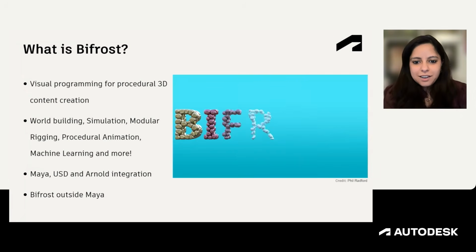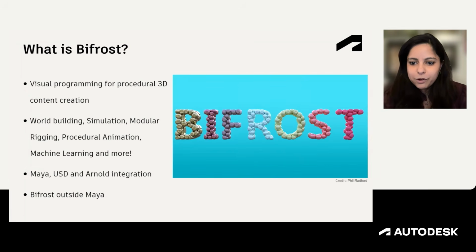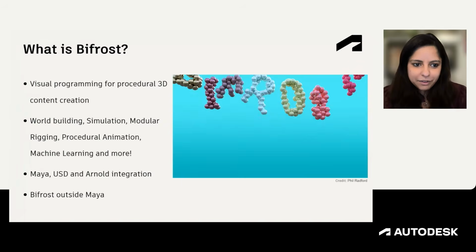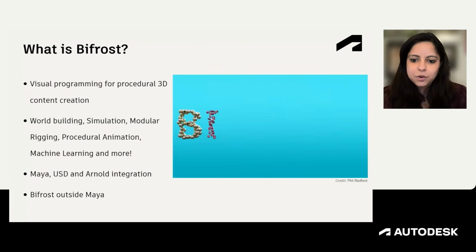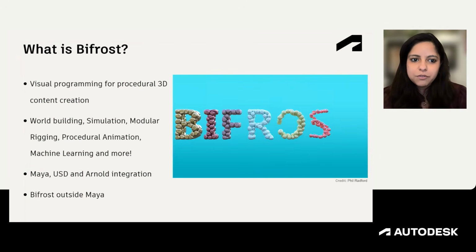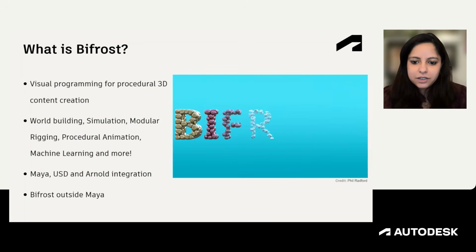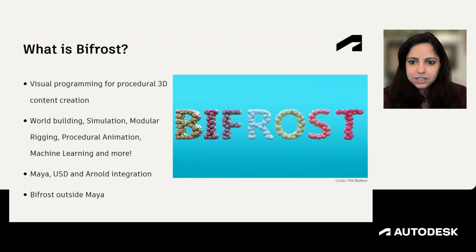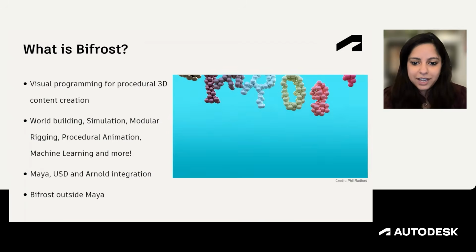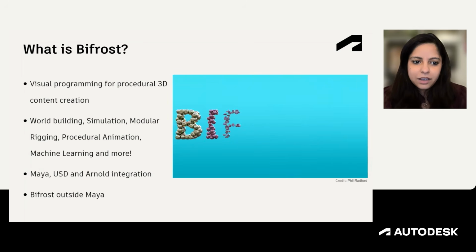So before we do dive into EA's presentation and look at their workflow, let's quickly look at what Bifrost is. Bifrost is a node-based visual programming tool for procedural 3D content creation, and this tool is available inside of Maya. With Bifrost, you can create environments, you can do simulation, modular rigging, procedural animation, and more.